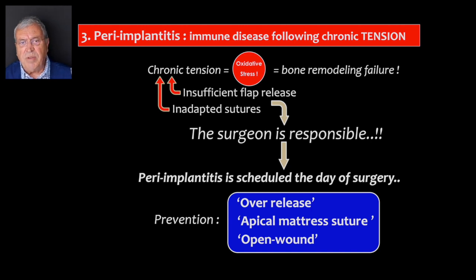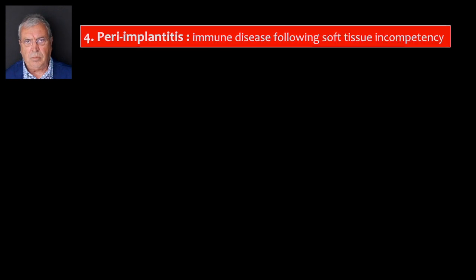Of course, leaving open needs the help from the PRF, from the fibrin membranes, and also from an osteo-immunology protocol. Immune disease can follow a soft tissue incompetence. What does it mean?